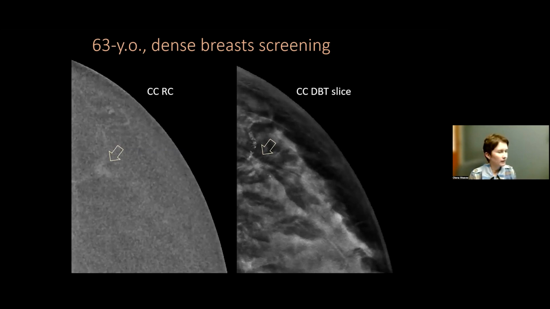It was a questionable target for DBT-guided biopsy. So that's why we decided that we would prefer to have a contrast enhancement on board for our biopsy, because we just weren't quite sure we would be able to find that architectural distortion again on a DBT-guided biopsy after we have a focal compression.